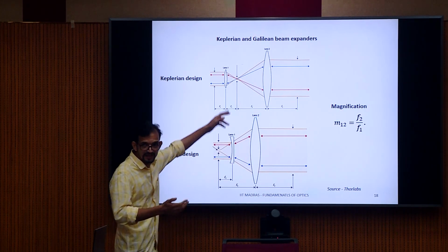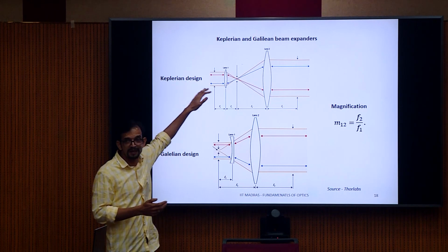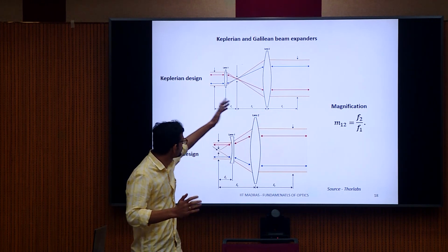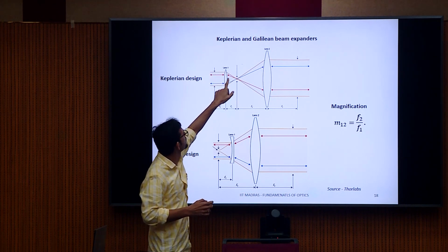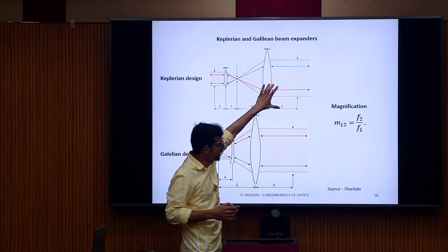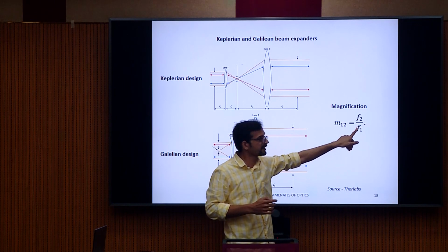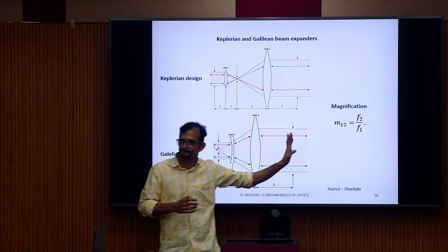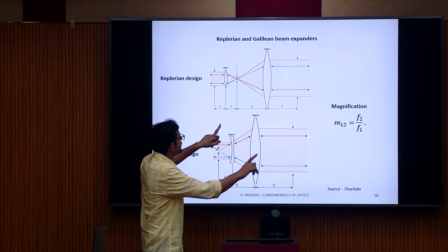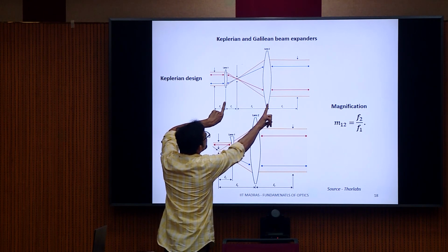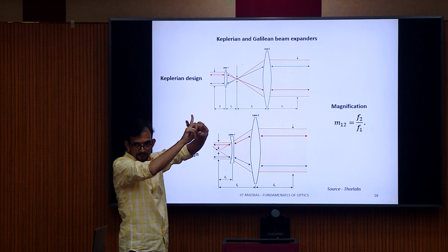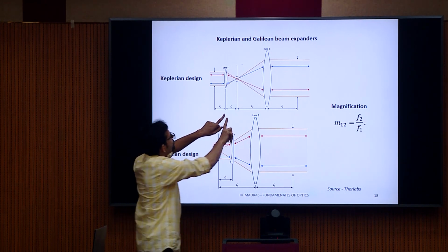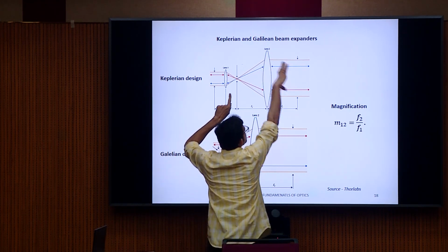There are two ways to expand it. The first geometry is called the Keplerian design. What we do here is take a short focal length lens and a large focal length lens, and the expansion ratio is f2 by f1. You have to put them exactly at the distance f1 plus f2. If you increase this, the beam will converge.